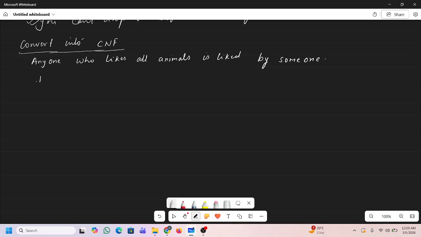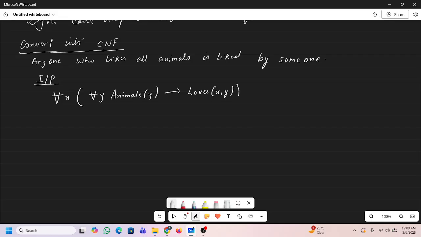So basically, what is the input? If I convert it into first order logic, then the input given to us is: for all x, for all y, animals y, loves x comma y. That means x loves y, and y is all the animals.